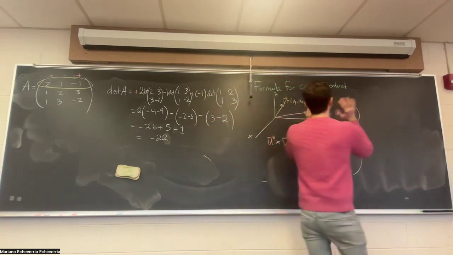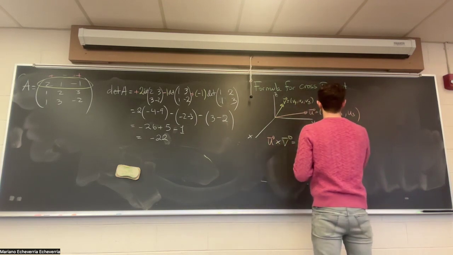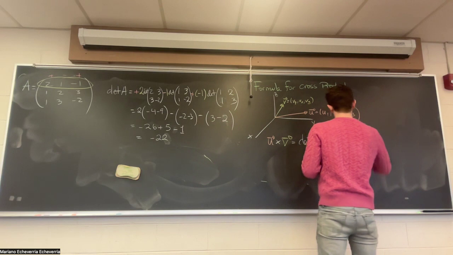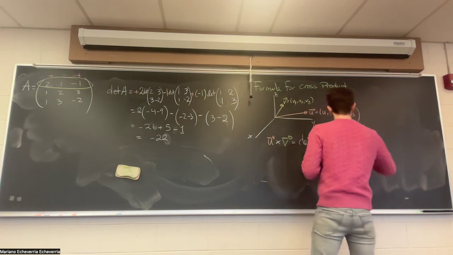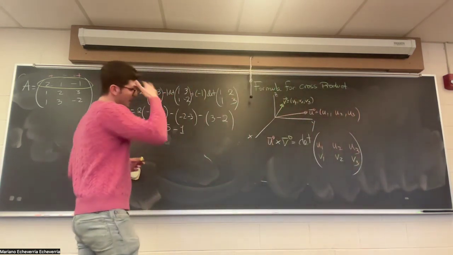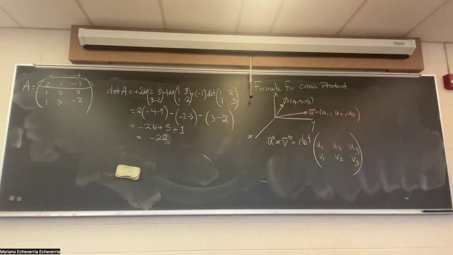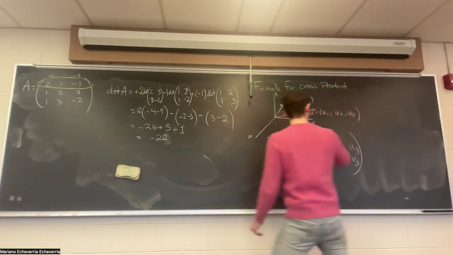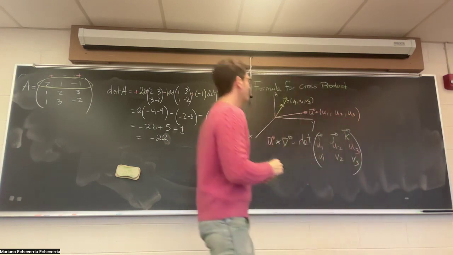You take the entries of the first vector and put them in the second row, then take the entries of the second vector and put them in the third row. You're still left with three entries to fill in, and what you do is a bit of a cheat: you fill them in not with numbers, but with vectors. The vectors you fill that in with are the unit vectors, i, j, k.